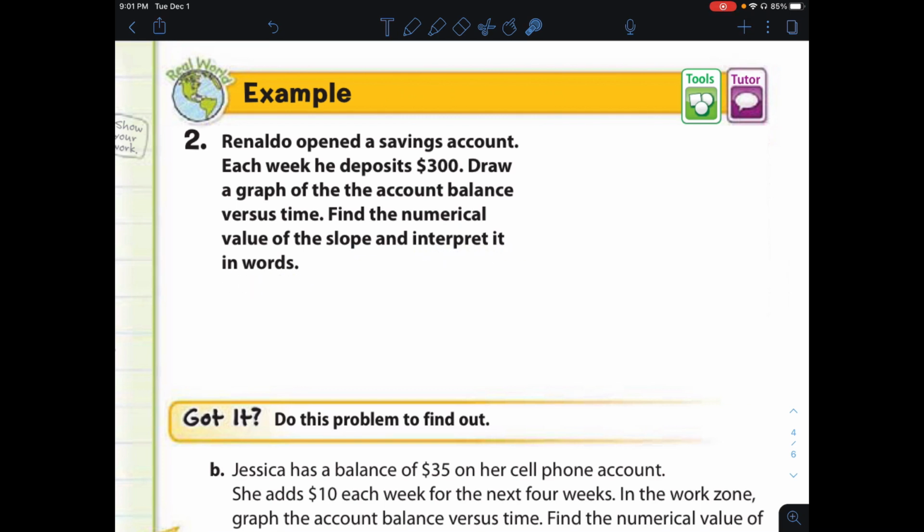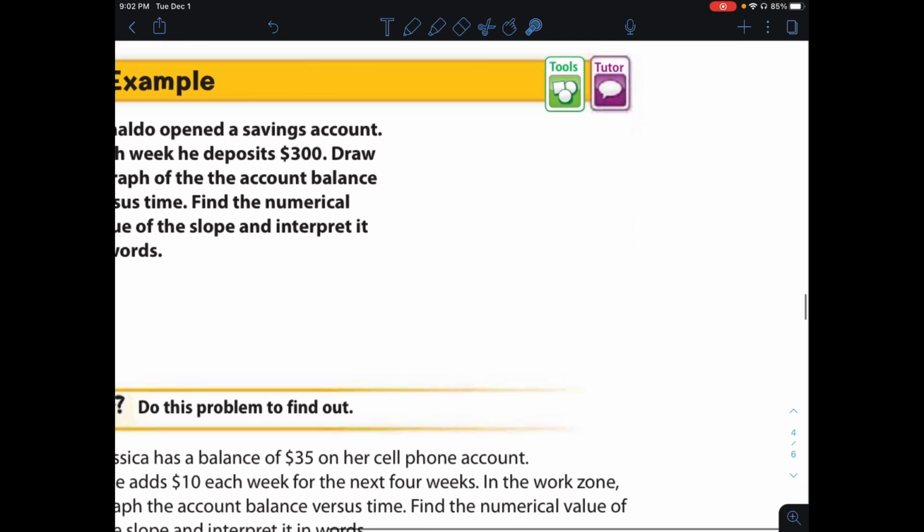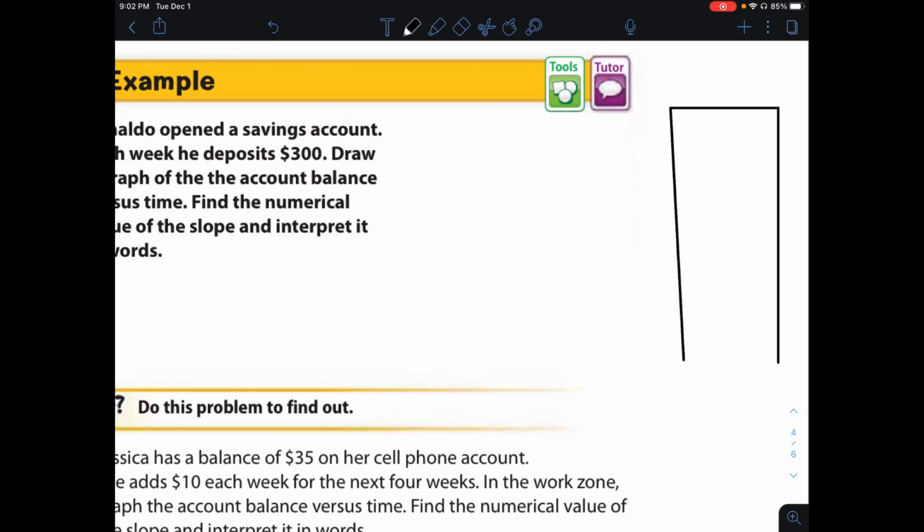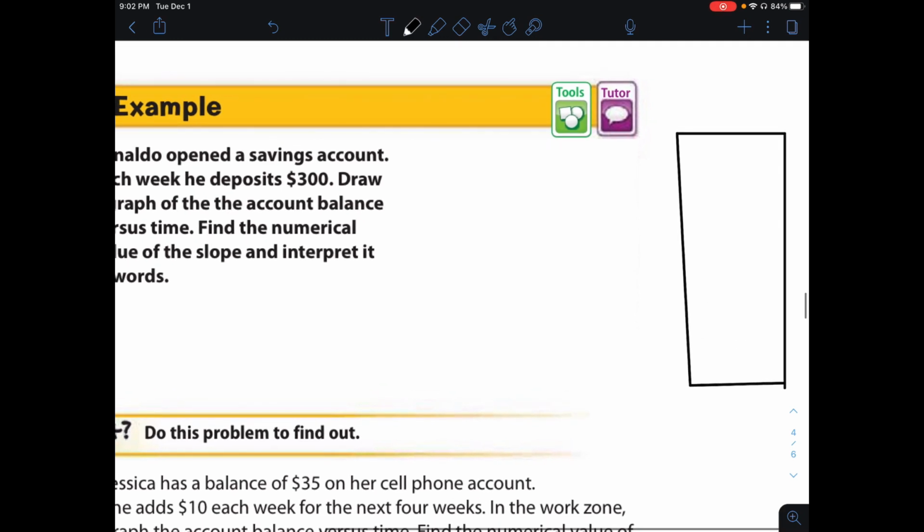So before we can even graph this, the first thing we need to do is create a table. That's the best way to graph our linear relationship. In this case, we need to identify our x-axis and our y-axis.